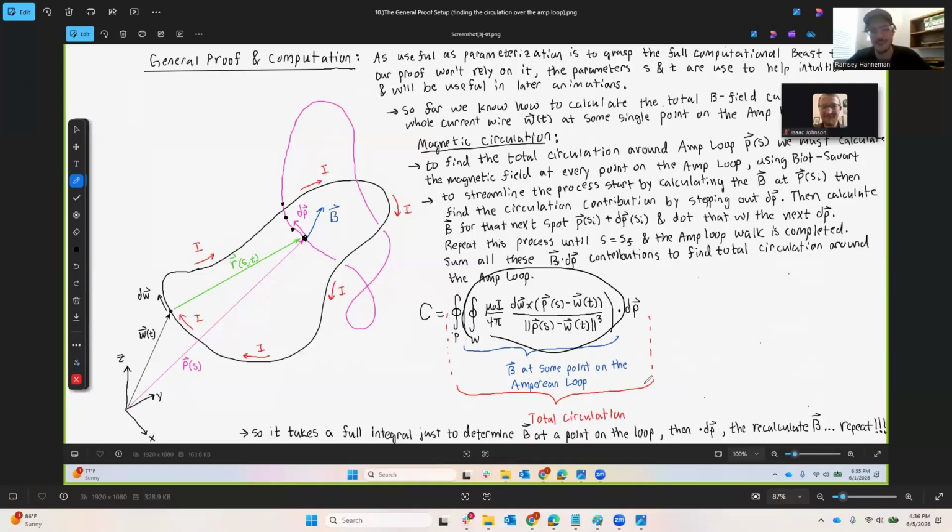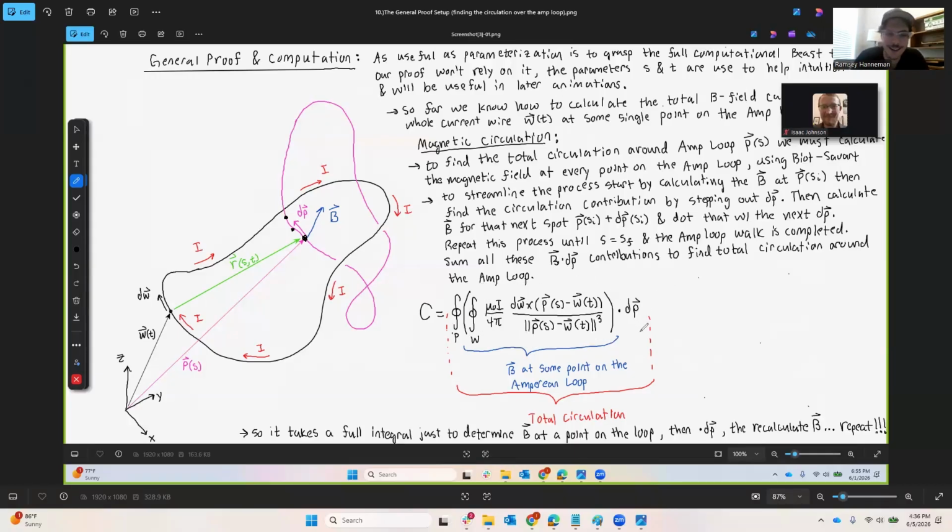So it's like a for loop is what it is. I mean, we've done lots of double integrals, but this is the first double integral I've worked with that is a for loop. So it's literally do this integral, then dot it with dp, take a step, do that integral again, dot it with the new dp, take a step, do the integral again to find B, dot it with dp, so on and so forth.